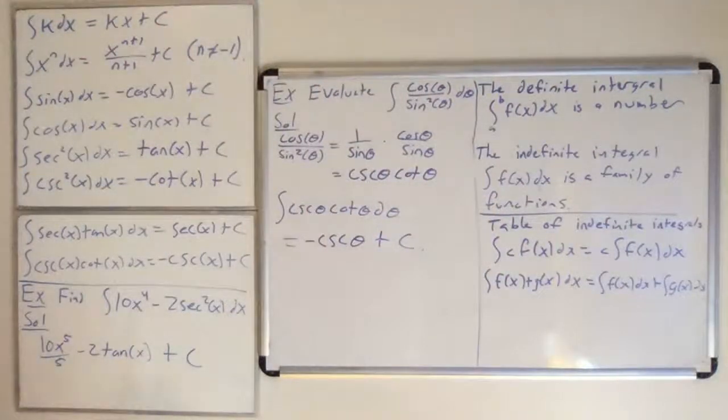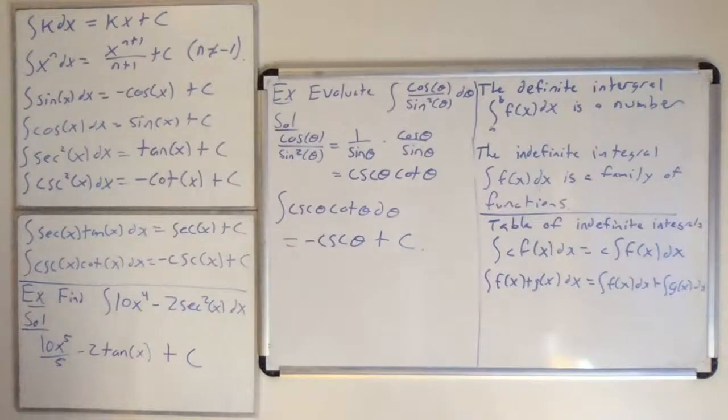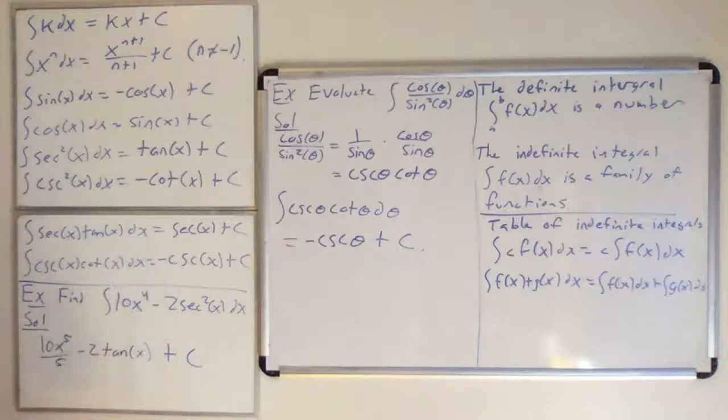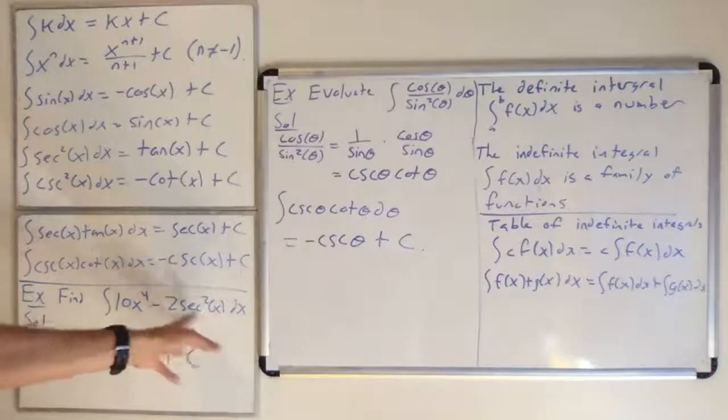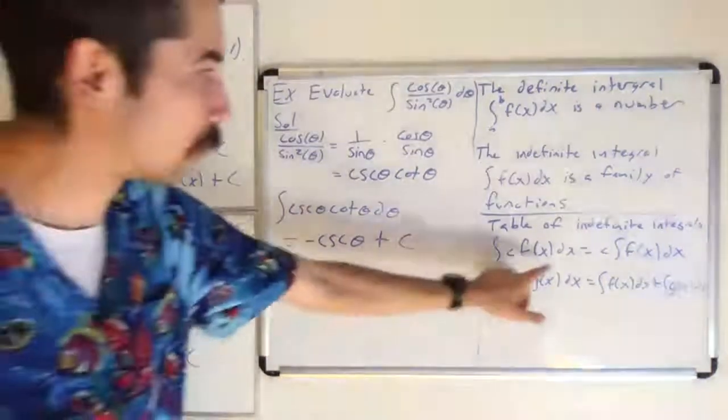Should we take out the constant, like in the first one of the table of indefinite integrals? What do you mean? Oh, when should we take out the constant? Just at the end. So evaluate all the integrals and then put the constant at the end. Or are you talking about these constants? If it's just a constant times a function, you don't have to. You could just ignore it. That's what this first part says.